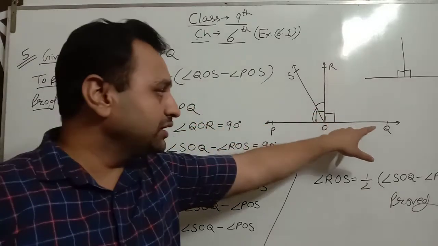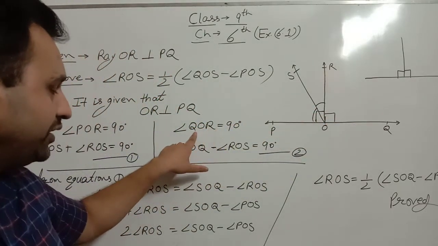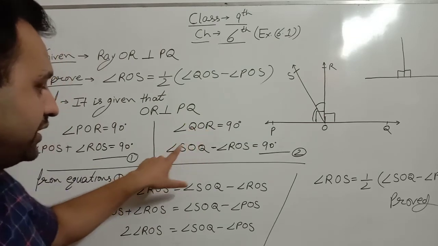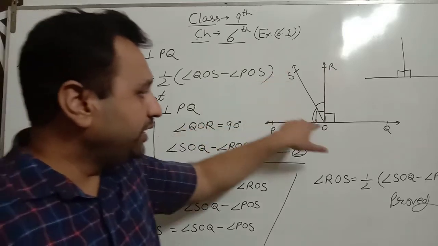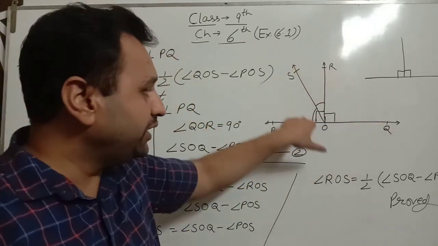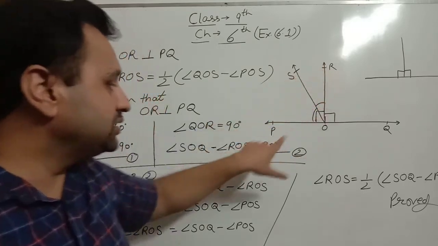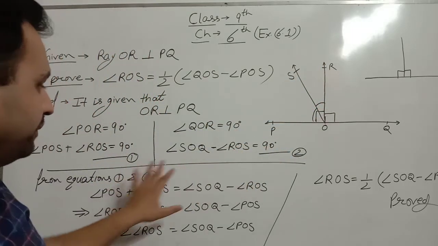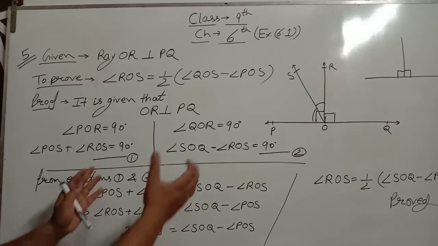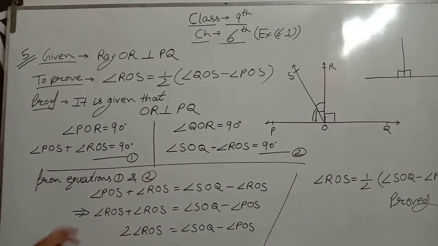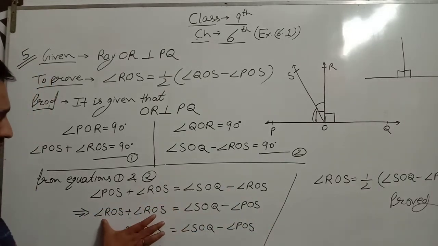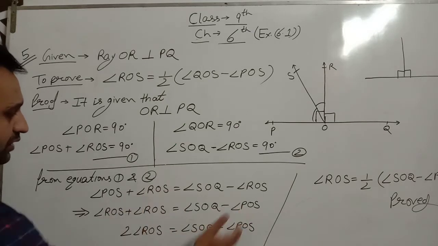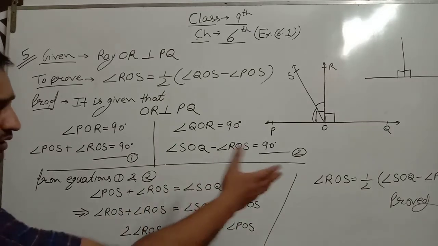So we write angle QOR as angle SOQ minus angle SOR, equal to 90 degrees. In both equations we see that the RHS is the same. So from equations 1 and 2, the LHS of both equations is the same. Angle ROS we take in LHS, angle SOQ minus angle POS in RHS, and now it is proved.